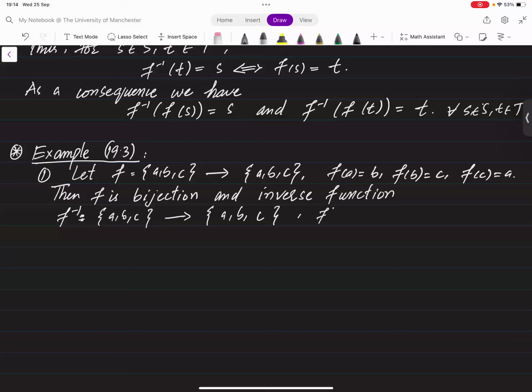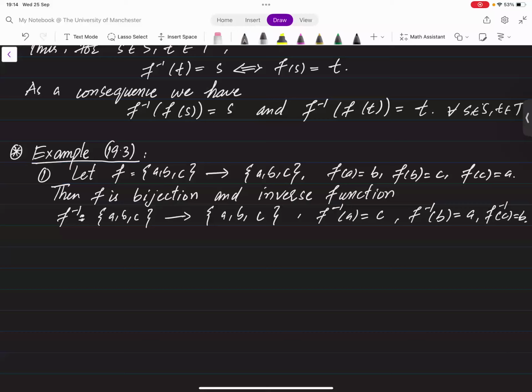So f inverse of a is c, f inverse of b is a, and f inverse of c is b.